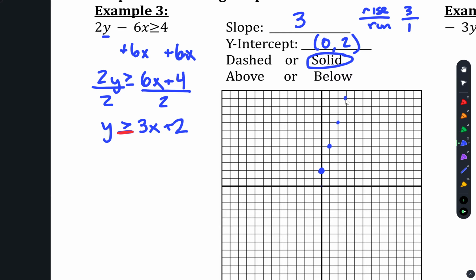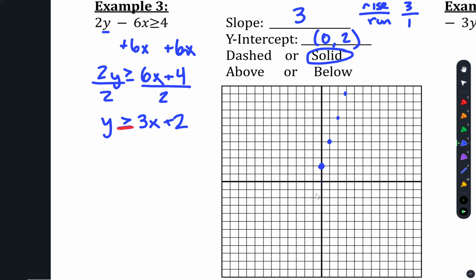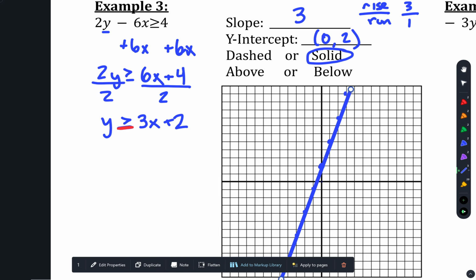Grab your line. Branson, you're getting on my nerves. You can come sit by me. Me and Branson can share rulers if you come sit. Cody, can you give me a ruler? I don't have a ruler.